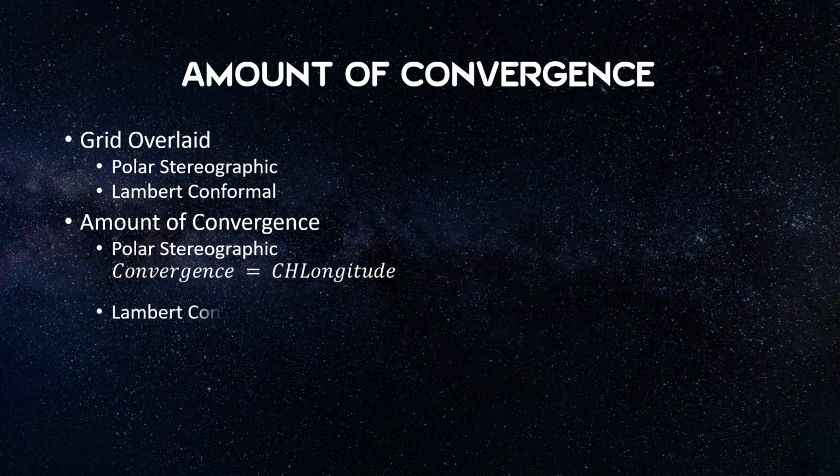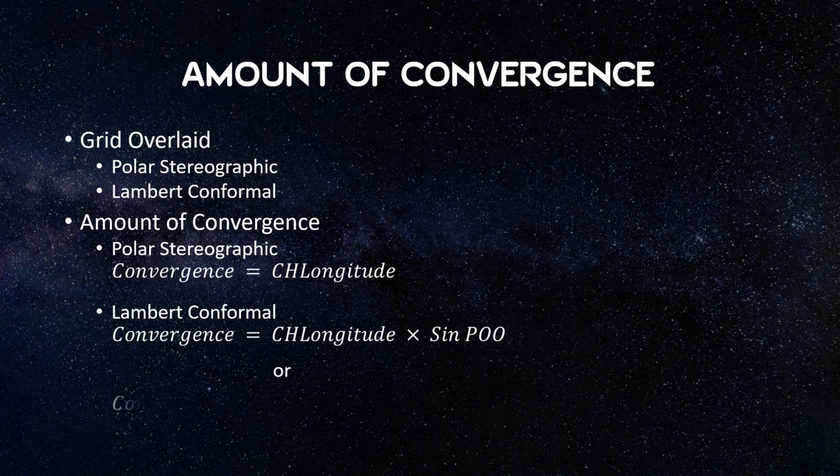For Lambert conformal chart, convergence equals change of longitude multiplied by sine parallel of origin, or convergence equal change of longitude multiplied by constant of cone. At the time this video is recorded, there is no grid navigation question regarding Lambert conformal chart in the database.